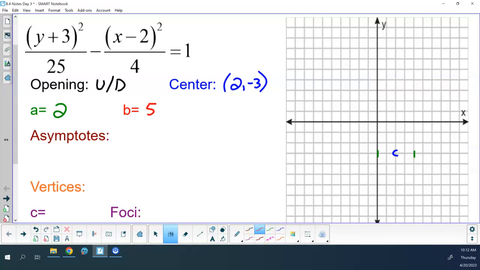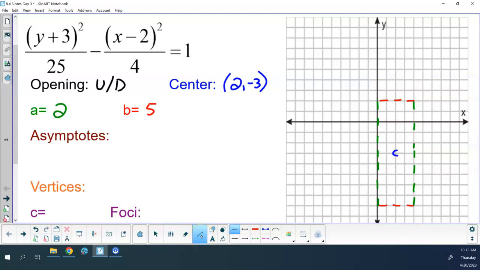That means we're going to go up and down 5. 1 and 2, 3 and 4, 5. Box built.